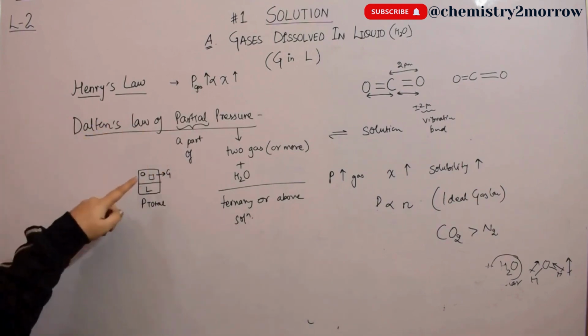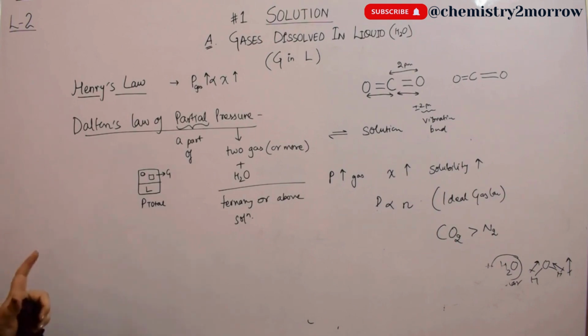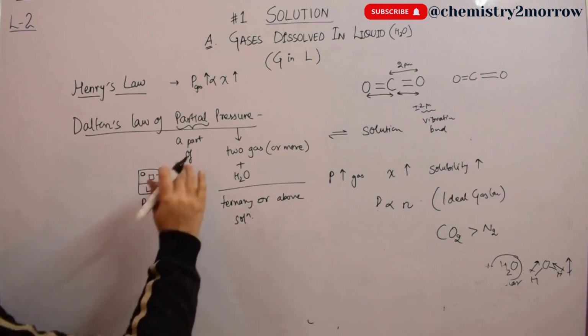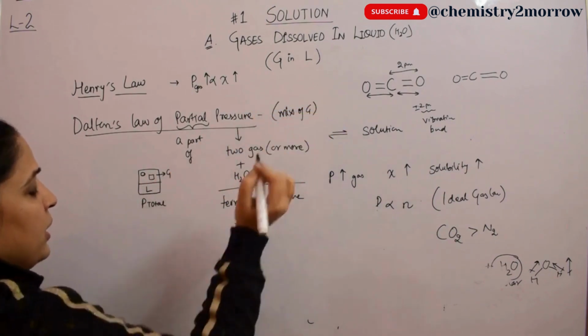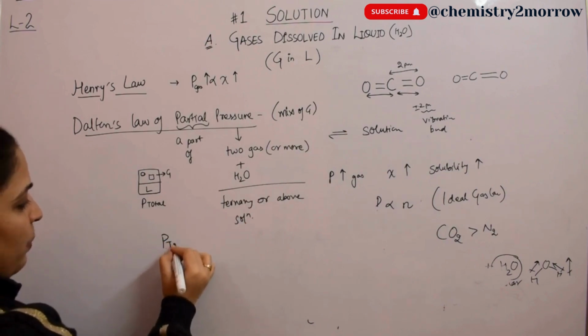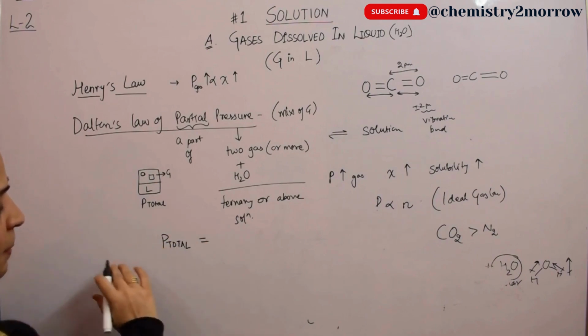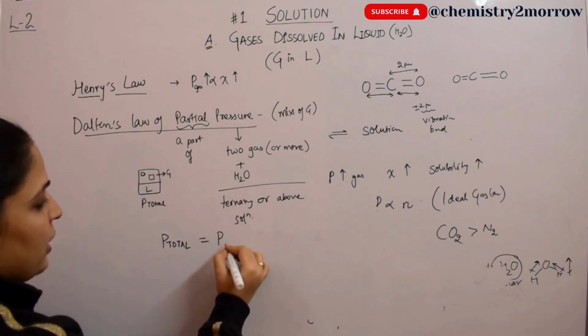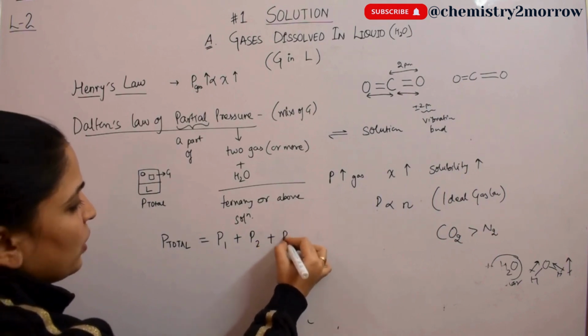So when two kinds of gases are present in a solution, a ternary solution, then this law is applicable, or it is also applicable when liquid is not there, basically for a mixture of gases. It says that the total pressure exerted by n number of gases is the sum of the pressures exerted by the individual gases.